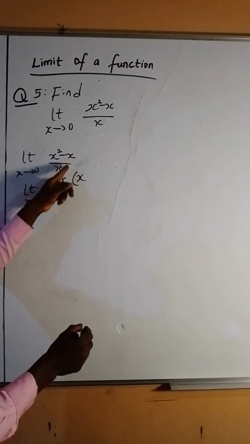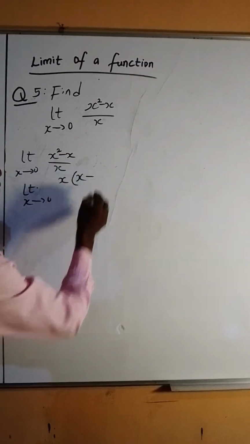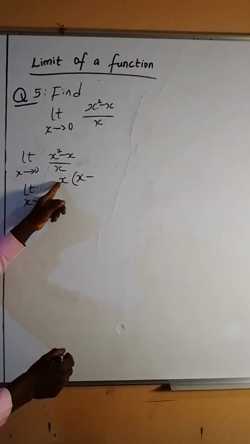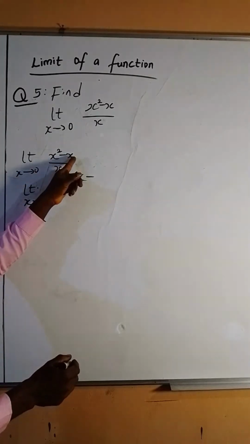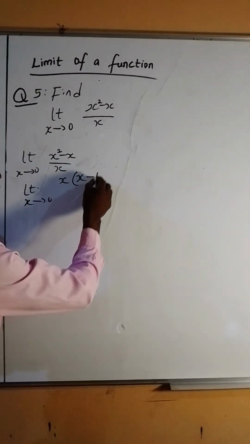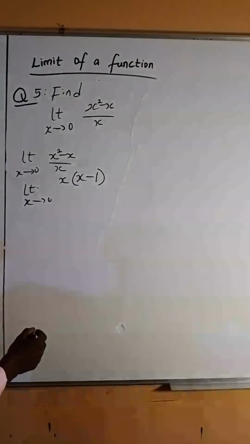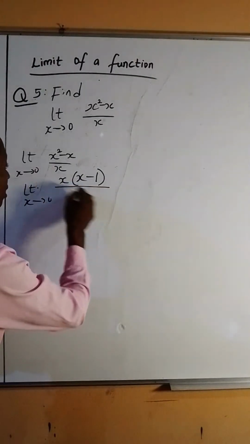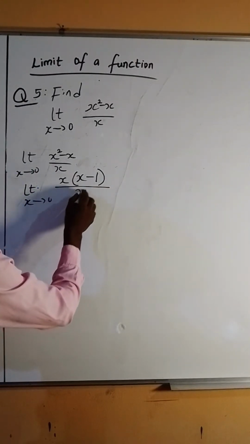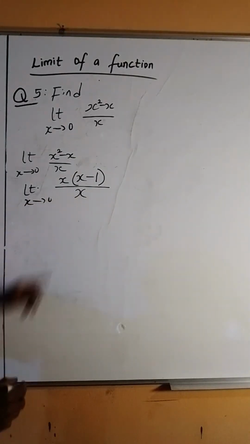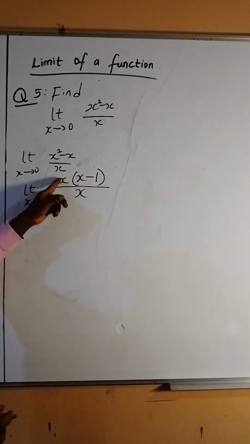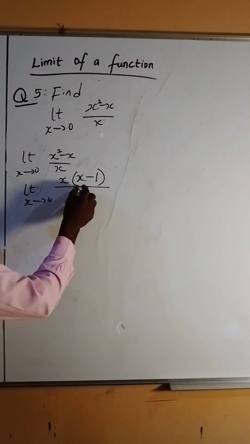Then we put minus here, and we use this same x to divide this x. We are going to get 1 inside. Then we close our bracket and divide by this x that is at the denominator. Now you can see that we can strike out the x, which was making the function undefined.